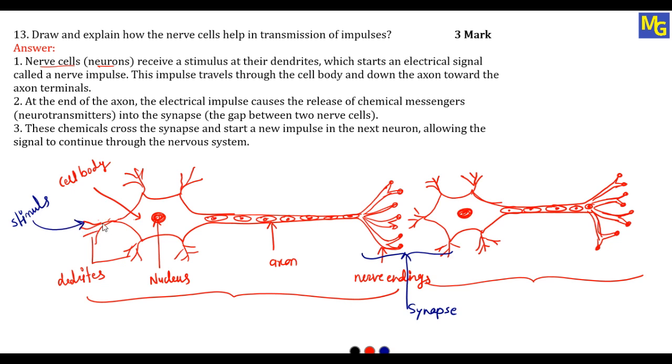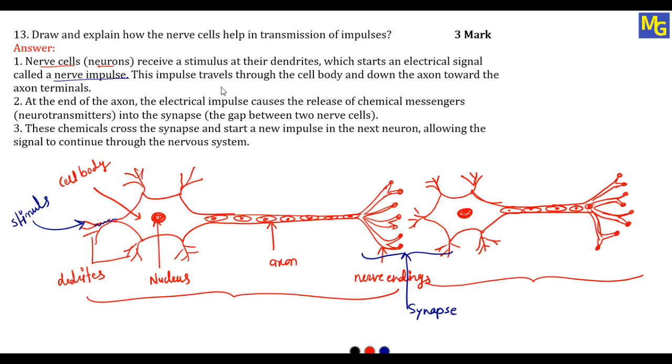Dendrites are the branched ones. Once the dendrites receive the stimulus, it starts an electrical signal called a nerve impulse. That signal will be converted into an electrical impulse, and this is called a nerve impulse.